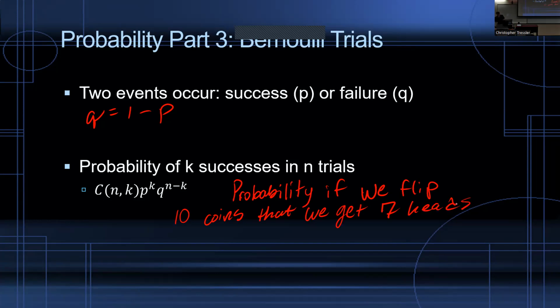So once again, this is as simple as taking some coins, flipping them, and trying to find the probability that we get 7 out of the 10 as heads.